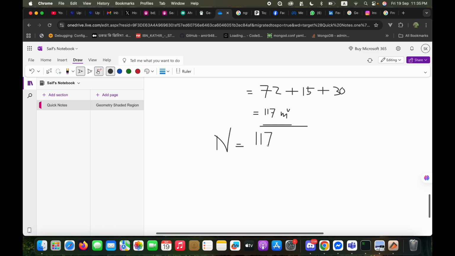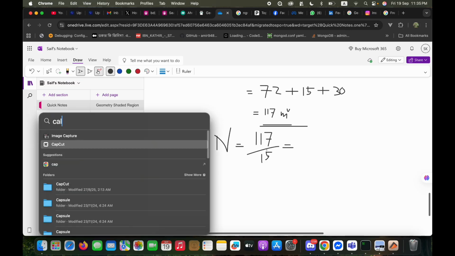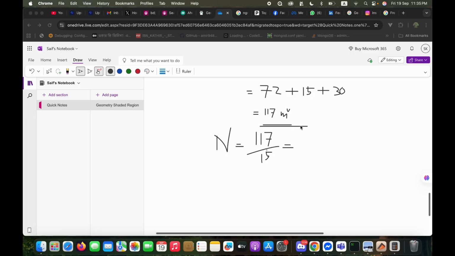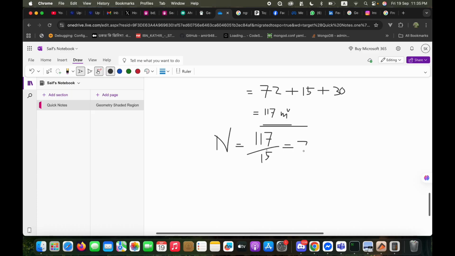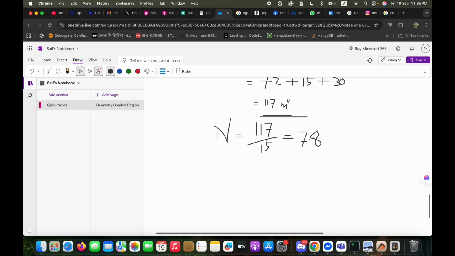If I divide 117 by 15 using the calculator, I get 7.8. So 7.8 is the number of paints that John T requires to cover the entire surface area.